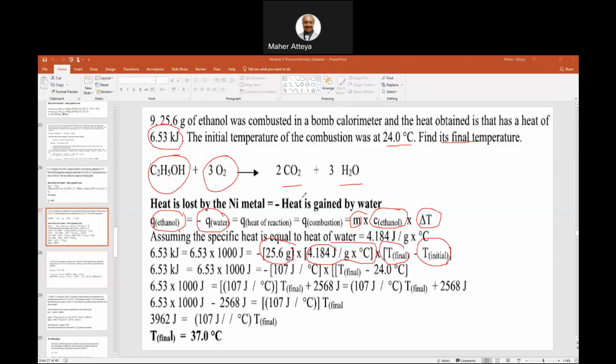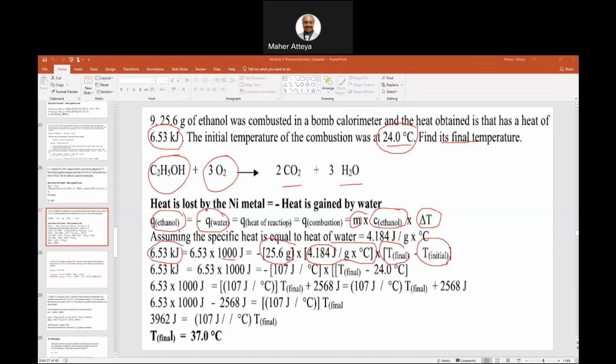So T final minus T initial. The ethanol is giving off heat, so the H2O starts at an initial temperature of 24, and since the ethanol is losing heat, we expect the final temperature to be higher. H2O will be warmed up a little bit. That's what happens. When you plug it all together, this is the heat given off by ethanol, transferred into joules by multiplying by 1,000.